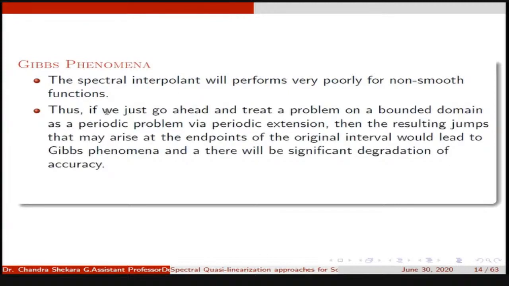If we treat the problem on a bounded domain as a periodic problem using periodic extensions of cosines and sines, there will be a resulting jump that may arise at the endpoints. So at the endpoints there will be trouble if we consider the bounded interval. This phenomenon, whatever we are missing at the boundaries, is what is called the Gibbs phenomenon, and due to it there will be a significant degradation of the accuracy of the solution.